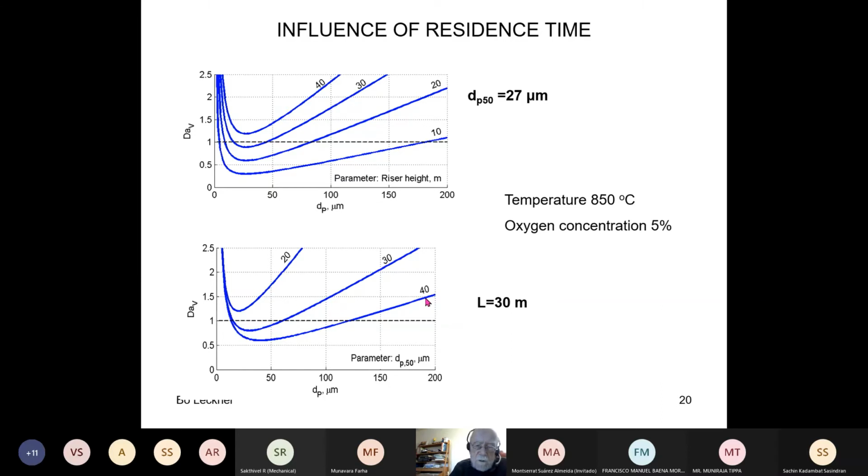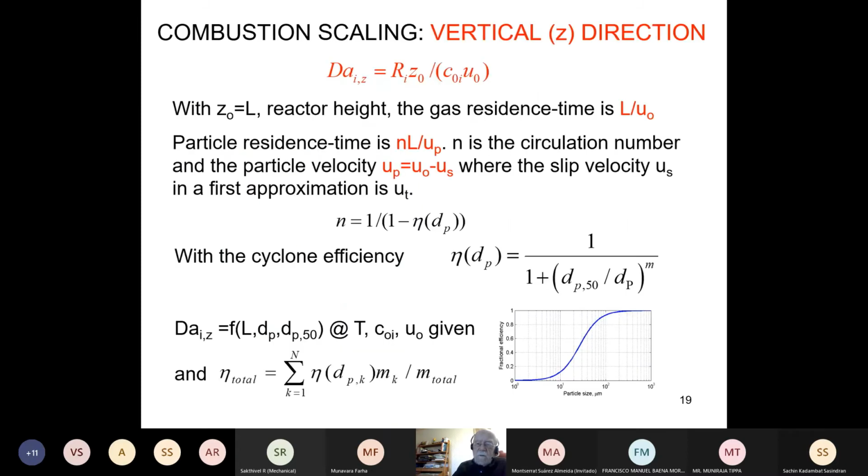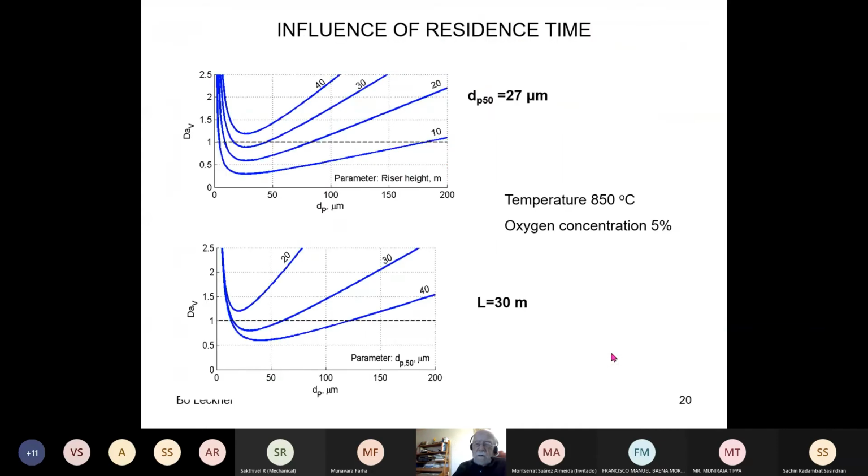With a larger cut size, of course, we have a certain region here where the particles will not be well captured or reacted. So this is also an example of a simple way of using such relationships, only that you know something about the cut size of the cyclone and the performance of the cyclone, which is not so easy to find out, but parameter studies can be made, at least.